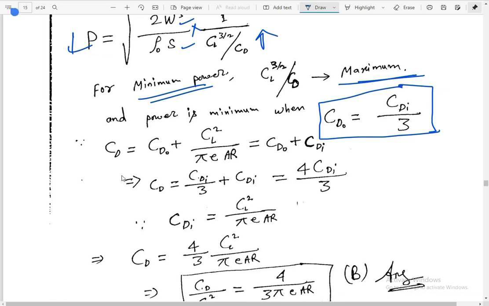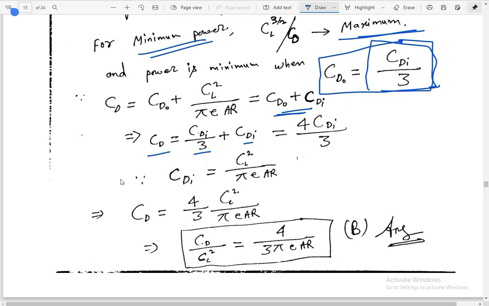So we have the formula CD is equal to CD naught plus CL square by pi AR, that is also equal to CD naught plus CDI. Applying CD naught equal to CDI by 3, CD is equal to 4 CDI by 3. And we know one more formula, CDI is equal to CL square by pi E AR, where E is the Oswald efficiency, AR the aspect ratio, CL the lift coefficient, and CDI is the induced drag coefficient.